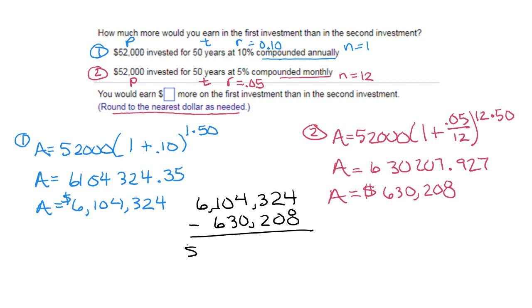And that is giving me an amount of $5,474,116. Now say earned more on the first investment.